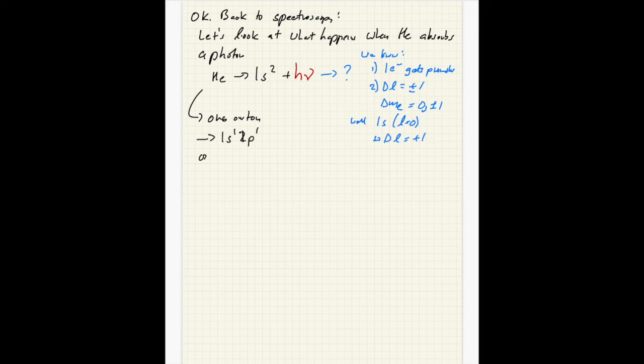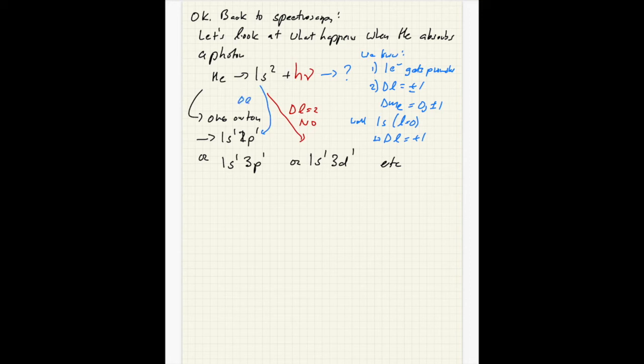Not bad. Okay, so one possibility is promotion of a 1s electron into a 2p orbital. Another possibility would be promotion of a 1s electron into a 3p orbital. Or what about 1s into a 3d orbital? Now, which of these do you think are going to be forbidden, and which are going to be allowed? Well, the 3d, that would be delta L equal to 2, so that's a forbidden transition.